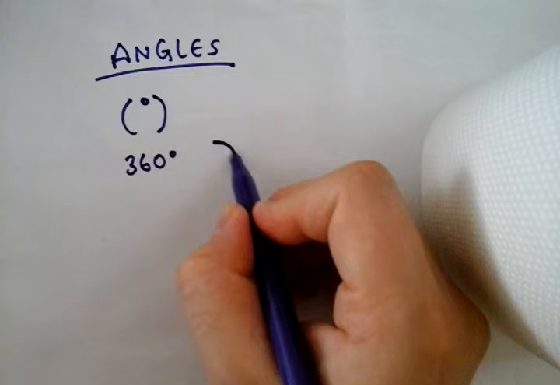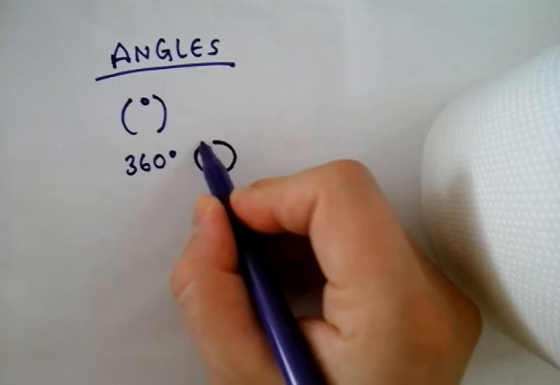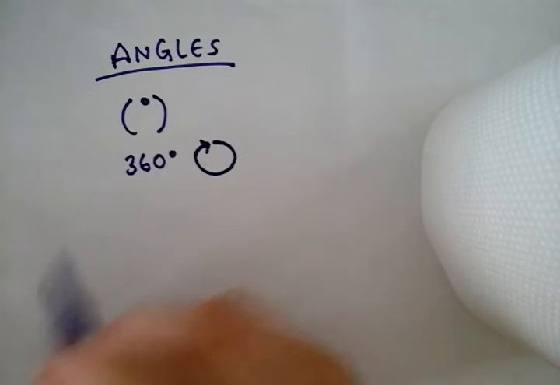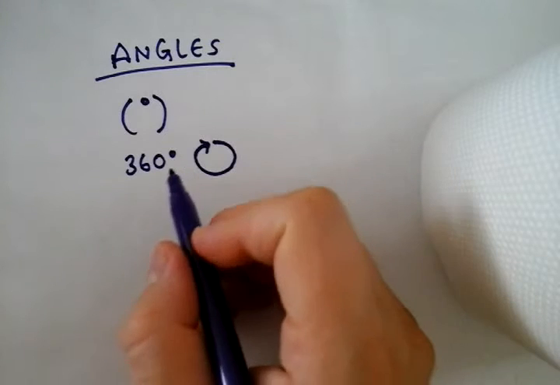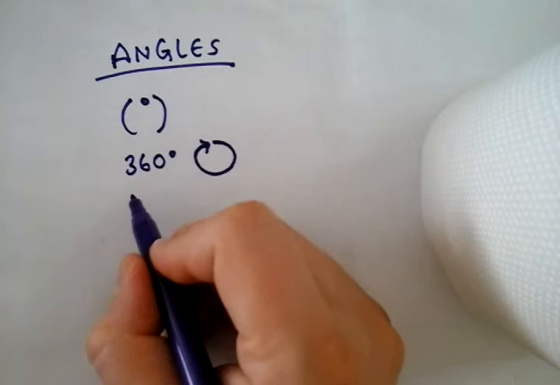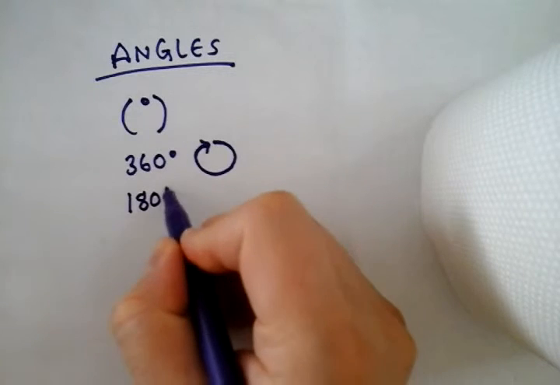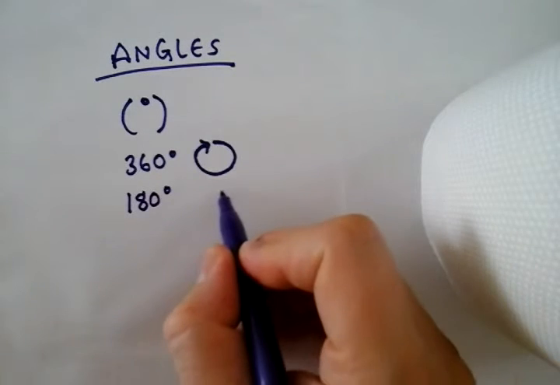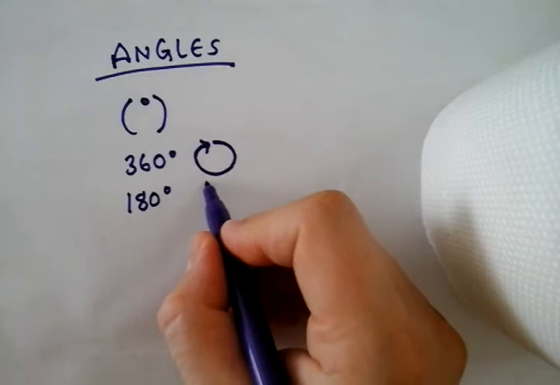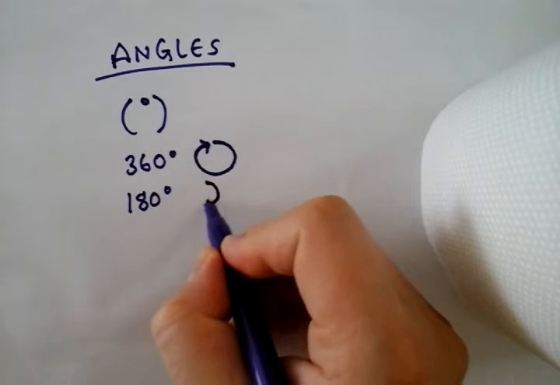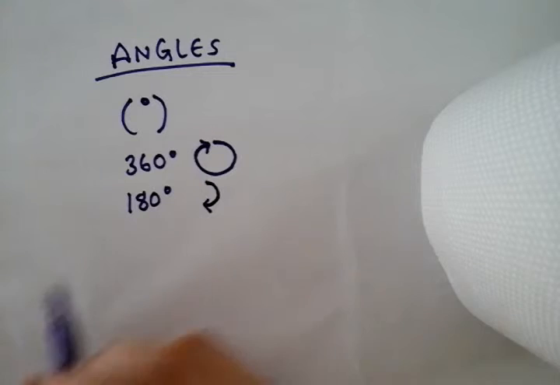So all the way around is 360 degrees. And a half turn is 180 degrees, so 180 degrees is a half turn. So a half turn, from there, all the way there, that's a half turn.